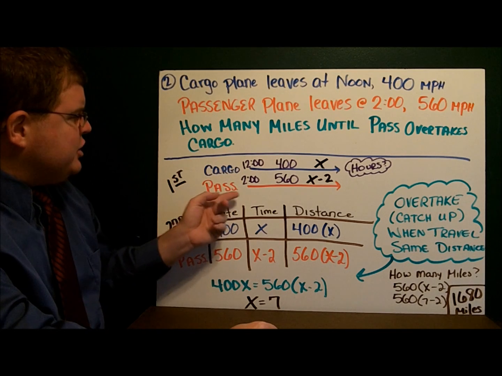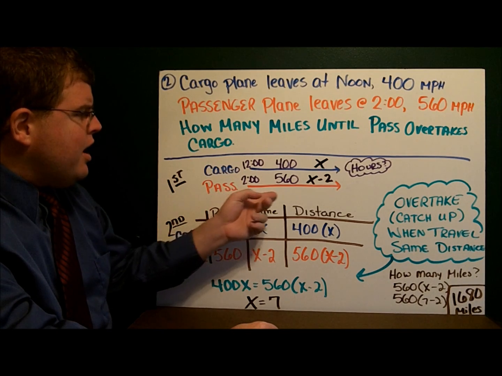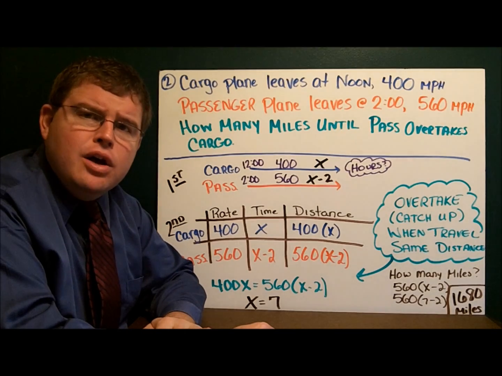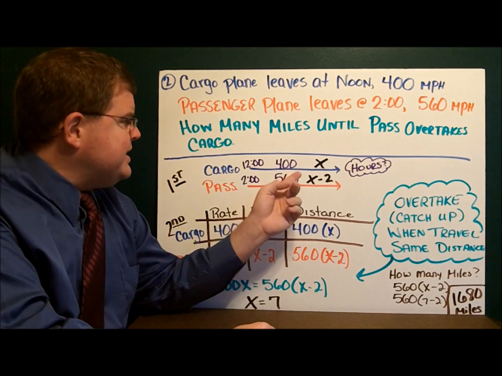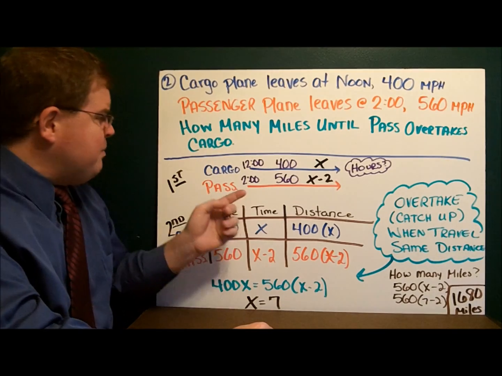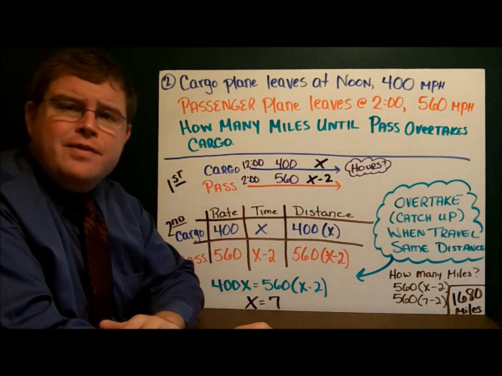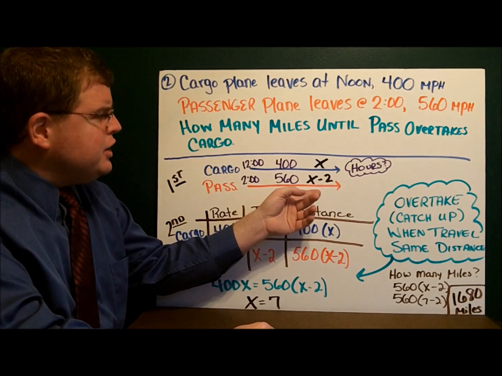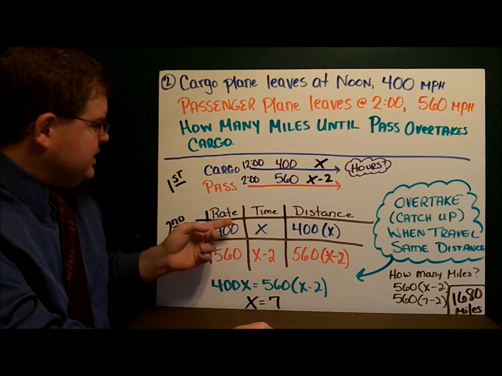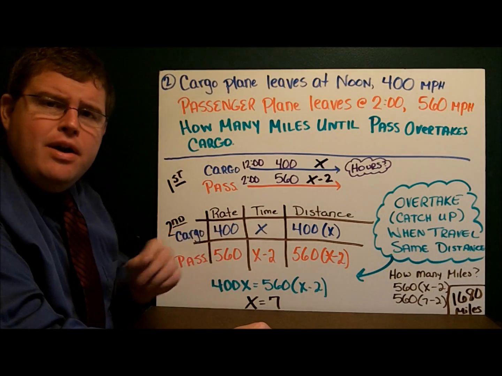Well, here's our passenger plane, left at 2 o'clock, going 560 miles per hour. We don't know how long they were in the sky, so we say the cargo plane was in the sky for x hours, and the passenger plane, which left later, x minus 2. Now we want to find out some information here. So we set it up in our table.